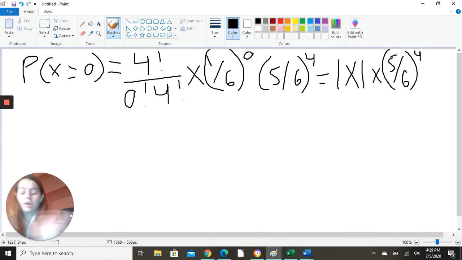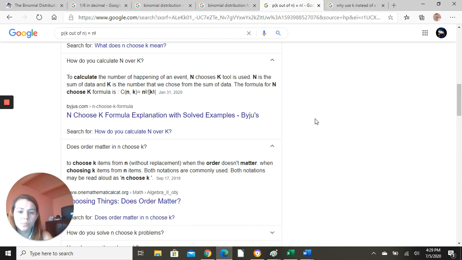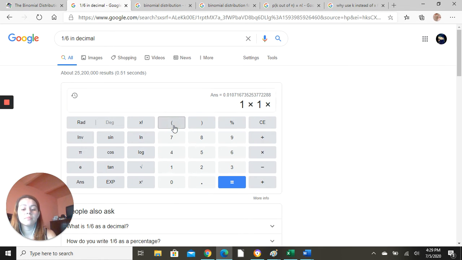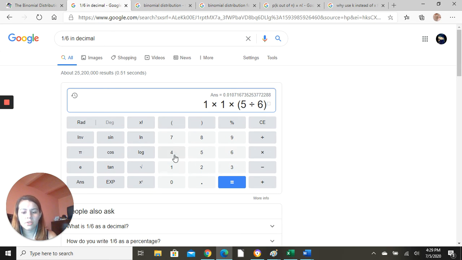So let's go on to our calculator on Google to find our probability. All right, so my calculator is right here. As you guys can see, the calculator does everything for you guys. It's very easy. Just insert it as how you have it. 1 times 1 times 5/6 to the 4th power.